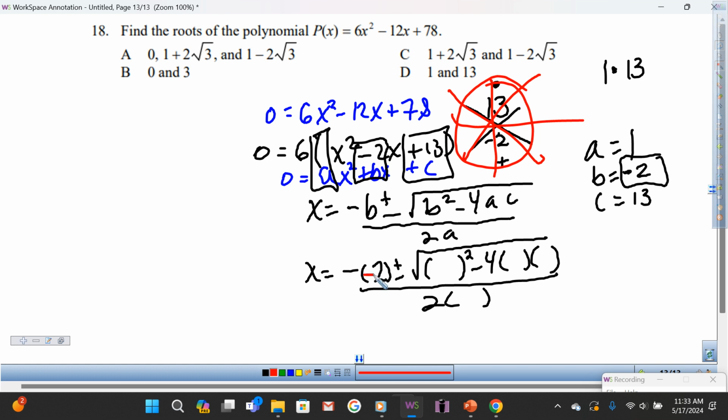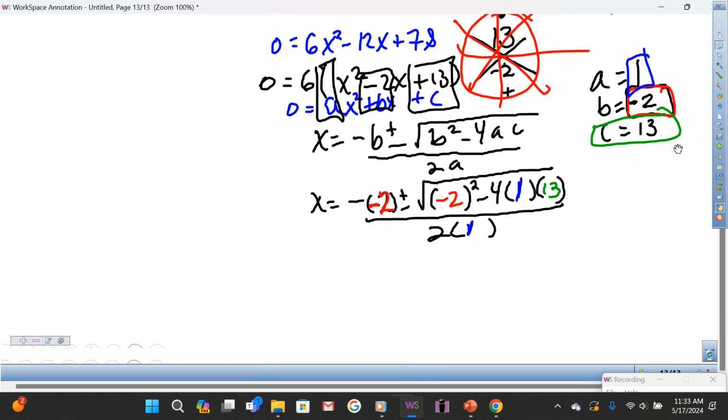Let me use red for that. Negative 2, negative 2. For a, I'm going to use 1, goes here and here. And c is 13. There it is.